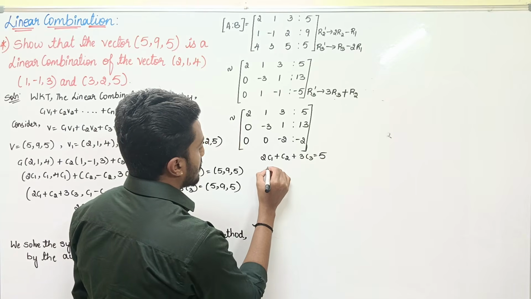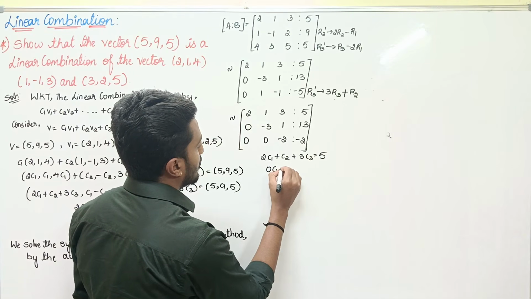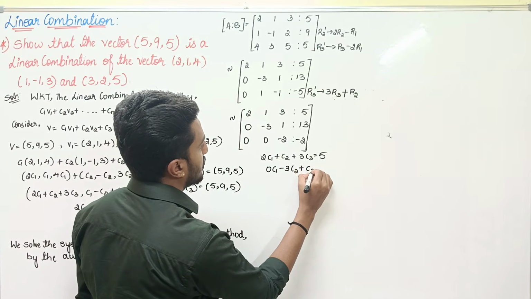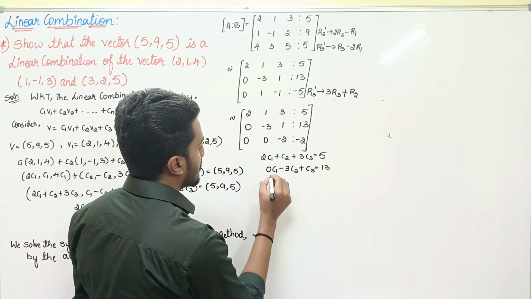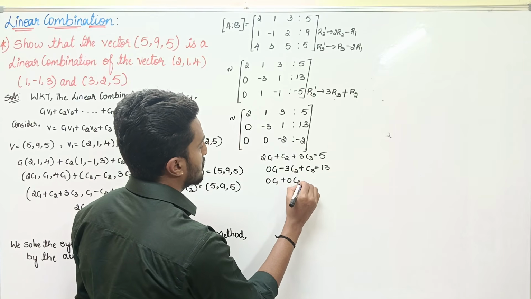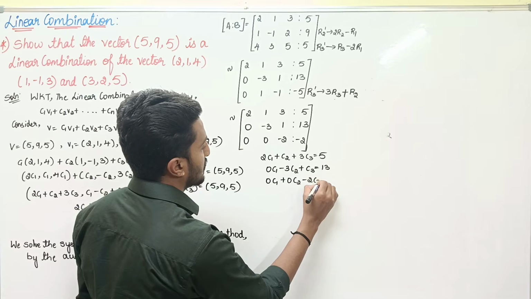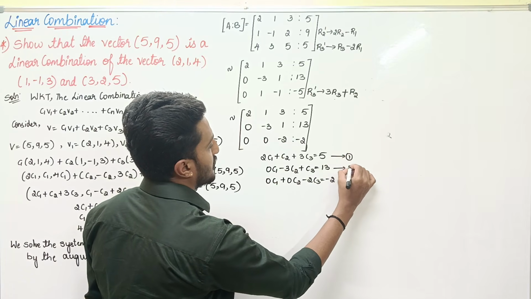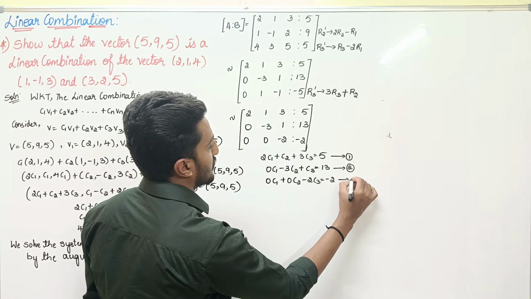Next, 0C1 minus 3C2 plus C3 equal to 13. 0C1 plus 0C2 minus 2C3 equal to minus 2. Consider these as equation 1, equation 2 and equation 3.